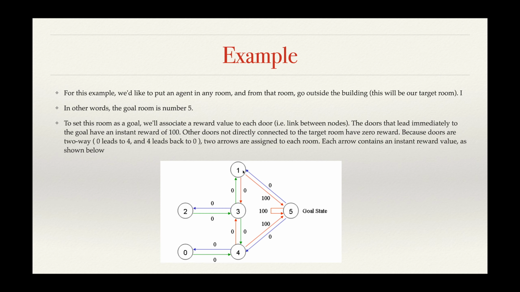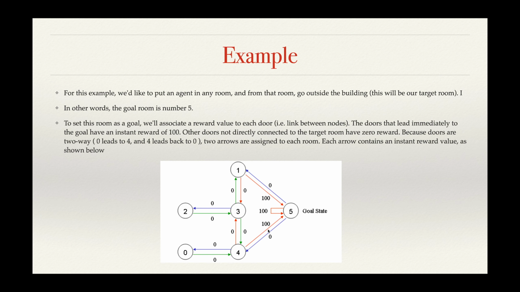But when we go from room number 1 to room number 5, it will be 100. And if we are at 5 and we stay at 5, it's also 100. Or if we go from 4 to 5, it will be equal to 100.